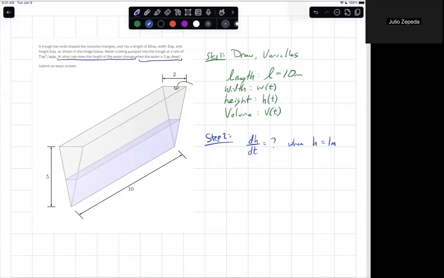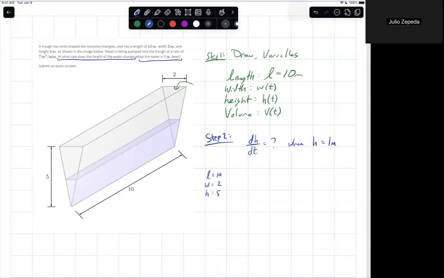What else are we given here? The dimensions of the container are the length equals 10, the width of the container is 2, and the height of the container is 5. All of these are in meters.